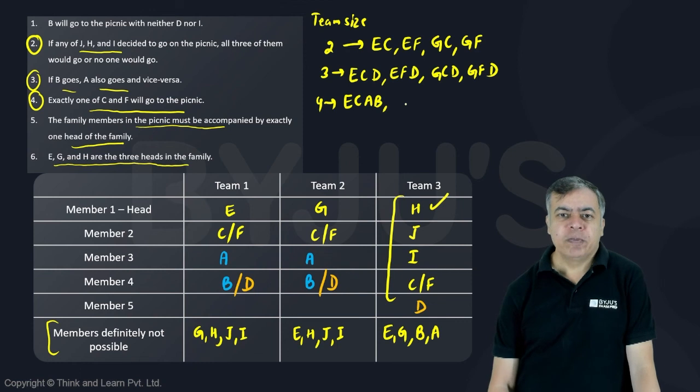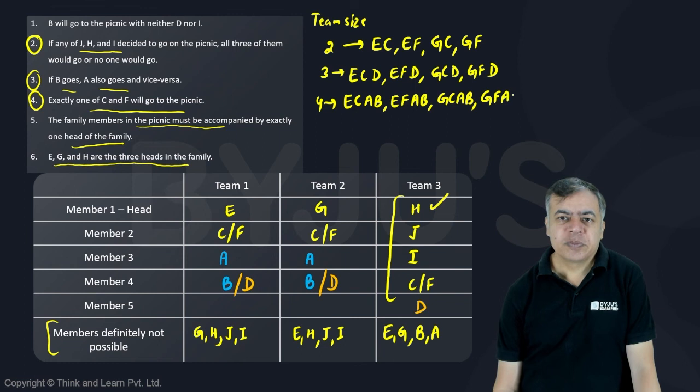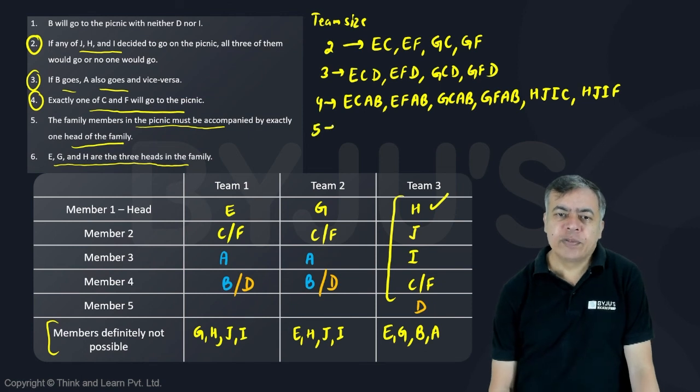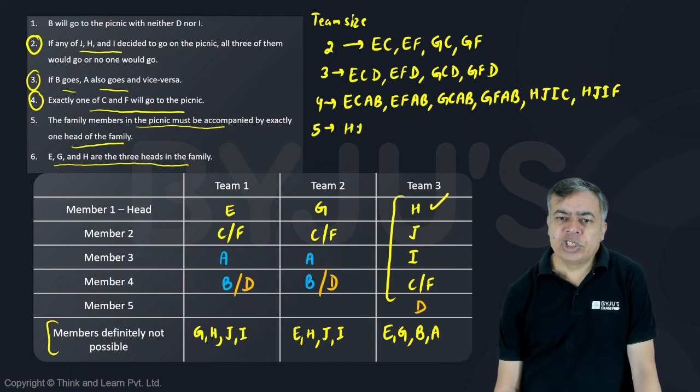So you should take A, B, and similarly E, F, A, B, similarly G, C, A, B and G, F, A, B. Now team size 4 you can also have H, J, I, C and H, J, I, F. Okay, team size 5. Where is team size 5 possible? For team 3 only, that is H, J, I, C, D or H, J, I, F, D.